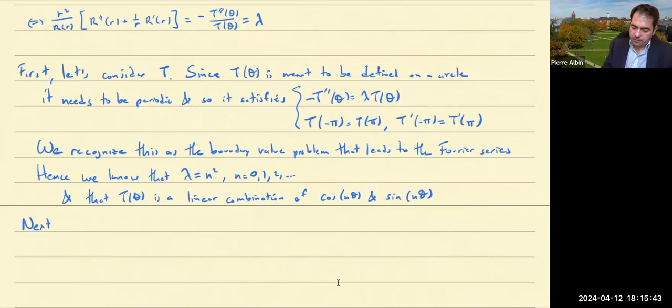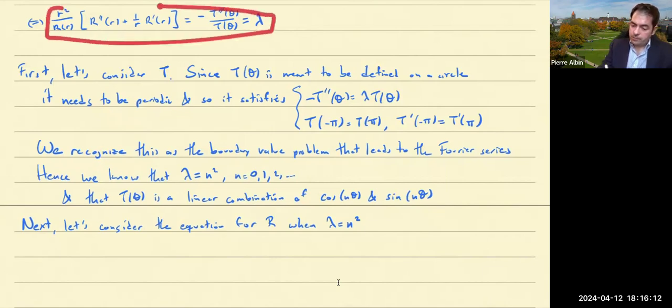Next, let's consider the equation for R when lambda is equal to n squared. Okay, so let's see. We had this equation, right?